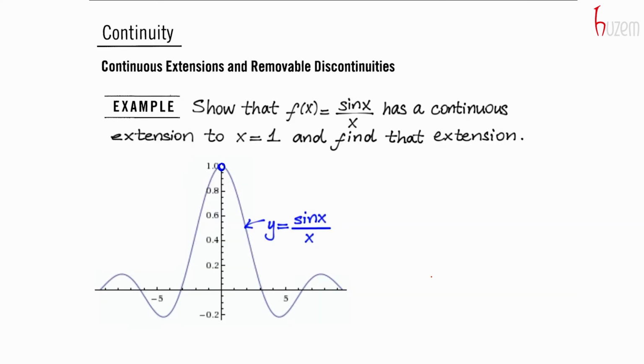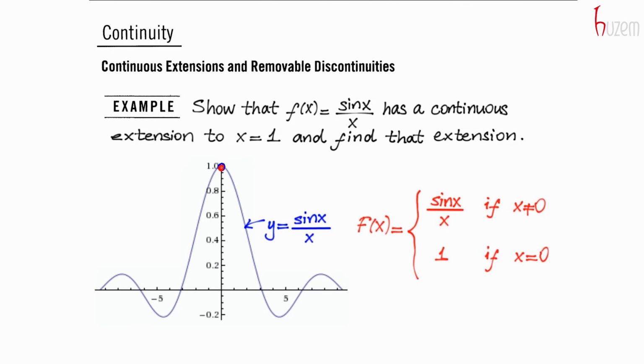Okay, so the sine x divided by x function has a limit 1 at the origin, but the function is not defined at the origin. So there is a gap here at 0 in the graph of the function sine x divided by x, but we can fill in this gap by declaring that capital F takes the value 1 at 0.